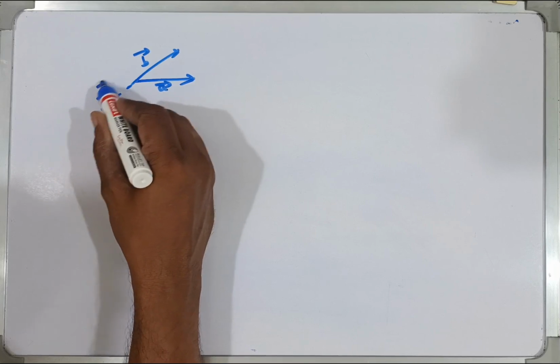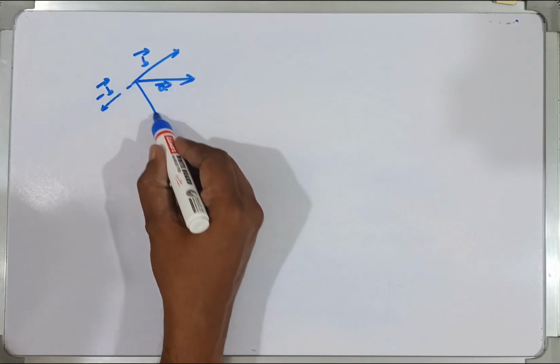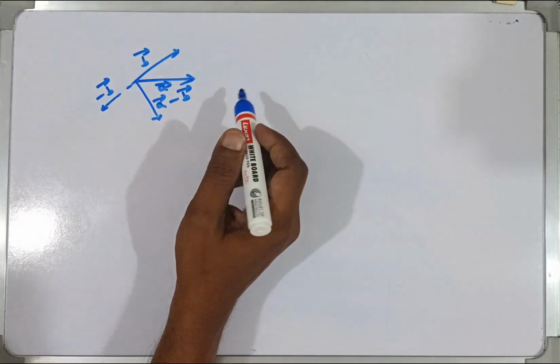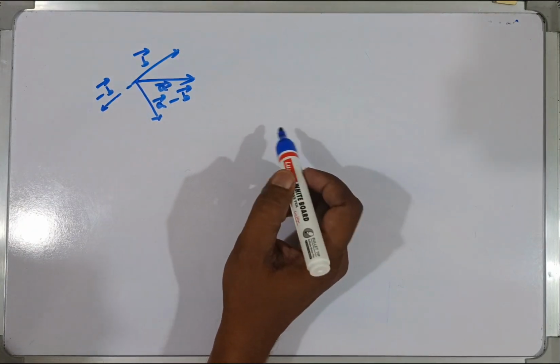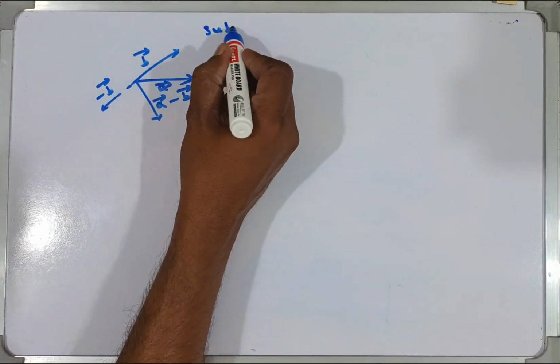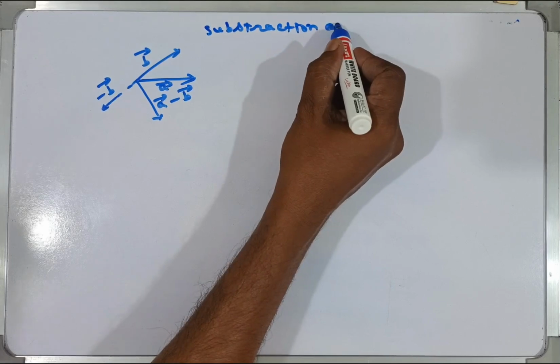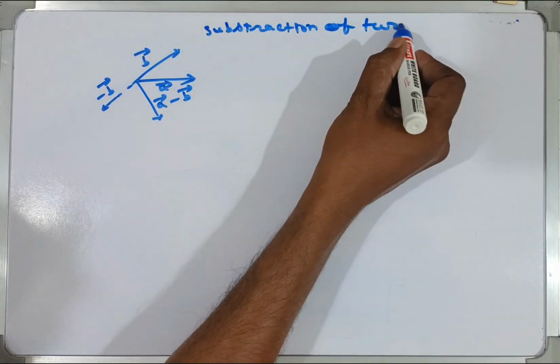So this is b, so the resultant will be a minus b. Okay, so this is a subtraction of two vectors.